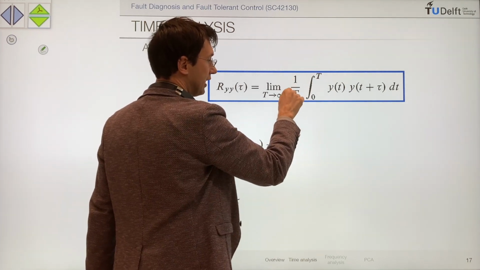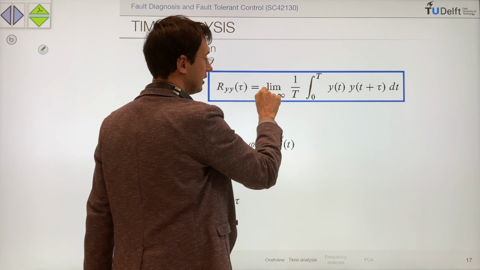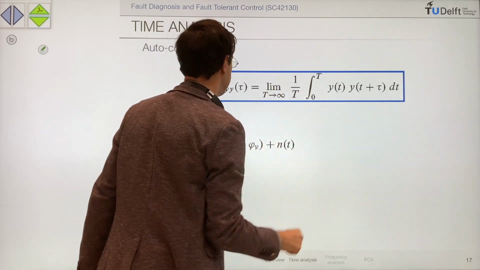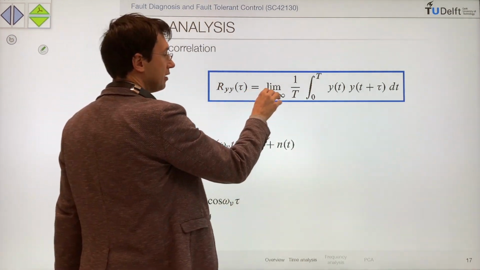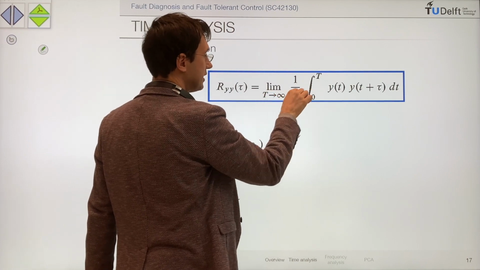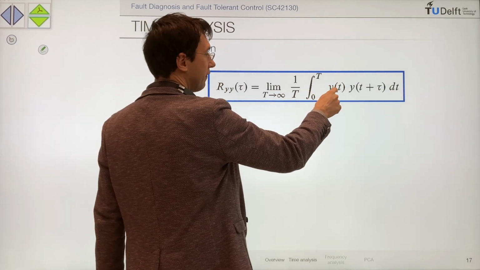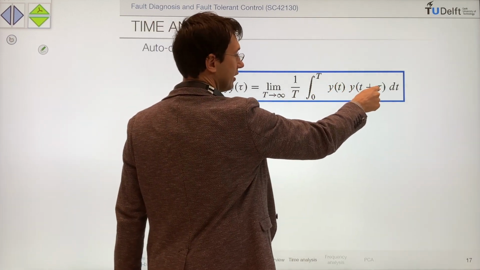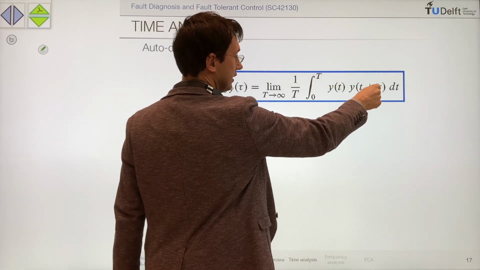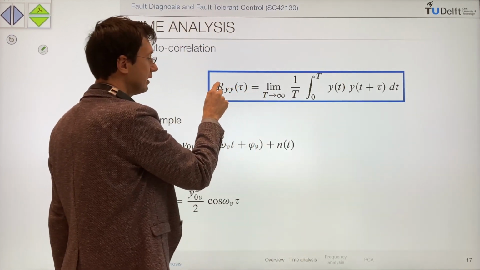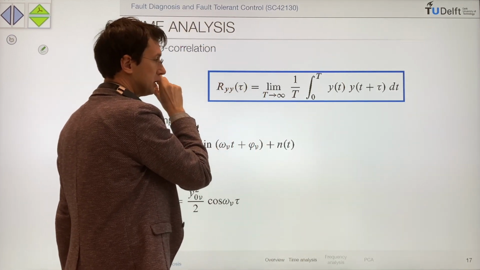You average over the length of t, and then you take the limit for t going to infinity. When you take the limit going to infinity, t is no longer a parameter here, so the only parameter is tau. This tau is indeed in the definition of the autocorrelation.